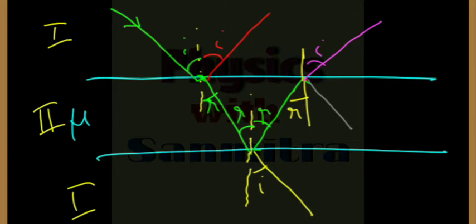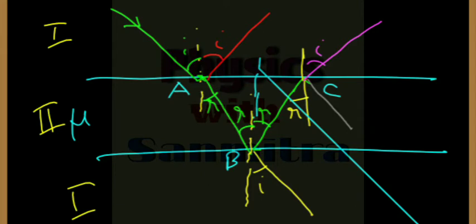Now let me name the points. Let's say this is A, let's join this, and let's say this is D. This is B, and let's say this is C, and let's say this is D. Now we have all 4 points A, B, C, D. Now let me draw a perpendicular here.